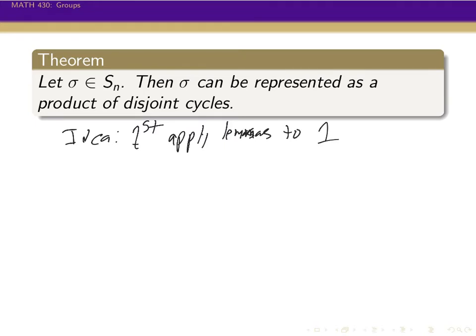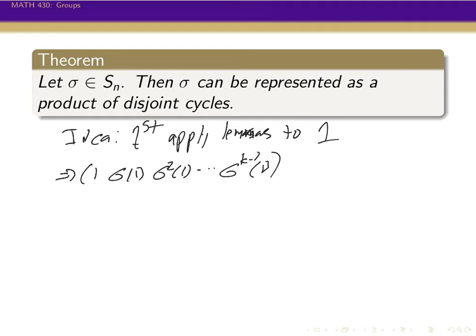We just have to pick a number, so we might as well pick 1. That gives us some cycle: 1, sigma of 1, sigma squared of 1, all the way down to sigma to the k minus 1 of 1.